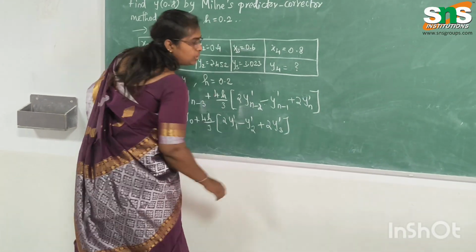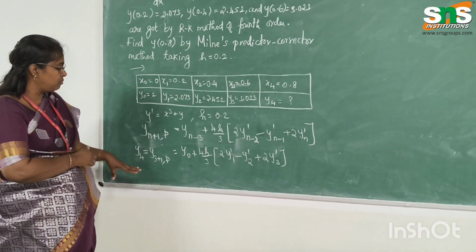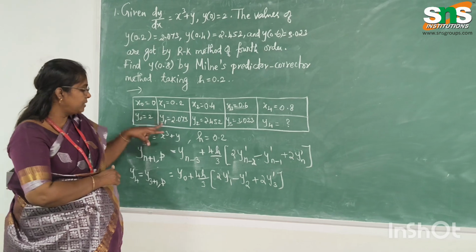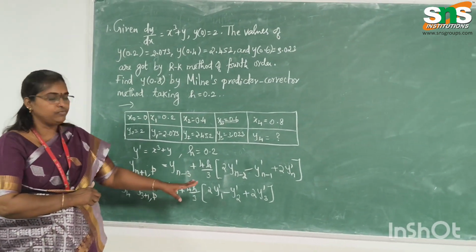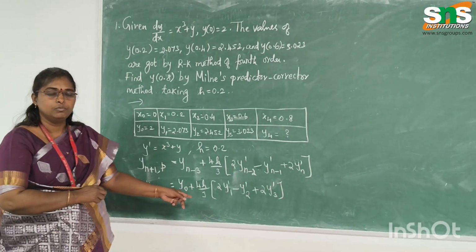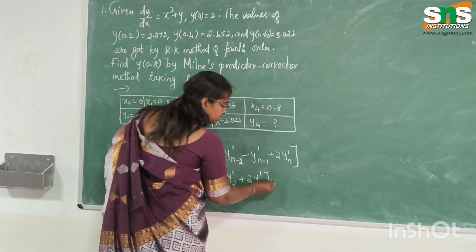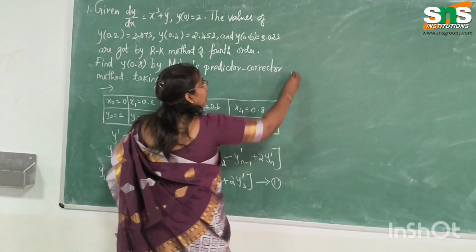In this formula we know y0, but we don't know y1 dash, y2 dash, y3 dash. So we are going to calculate these 3 values and replace them in this formula. Note it as equation number 1.